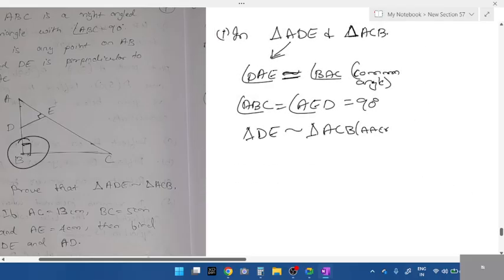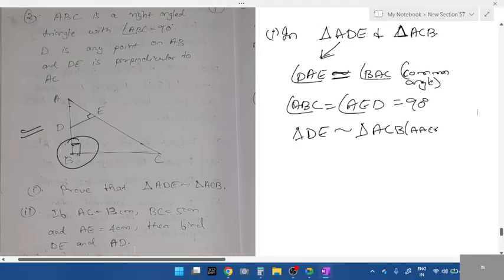Okay, once you complete this, students, just forget about the other parts of the question, what to find and all this. Take the first angle. With respect to the first angle, basic similarity, the basic proportionality theorem. In DAE and BAC, angle A is common. Opposite to angle A, what do we have in the smaller triangle?